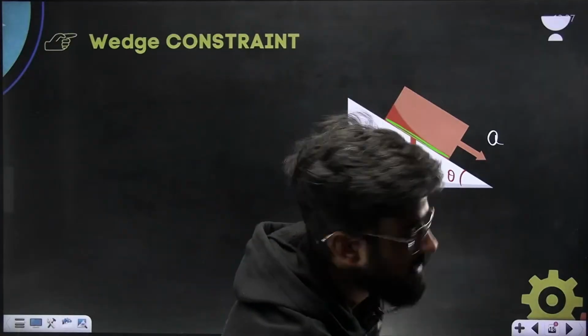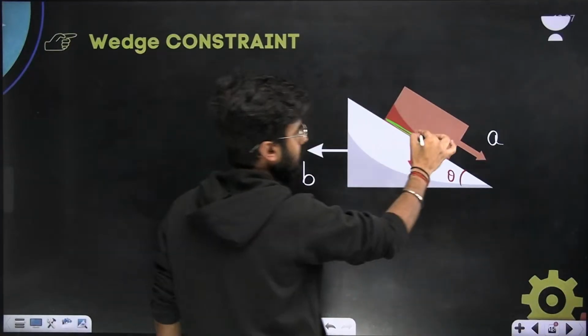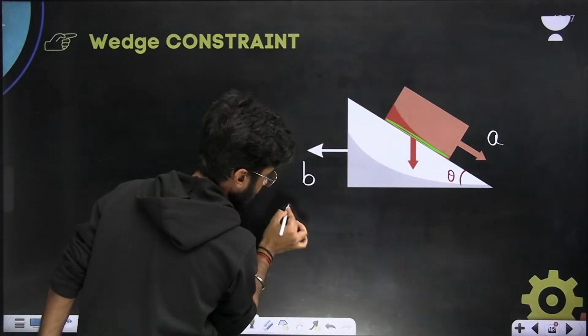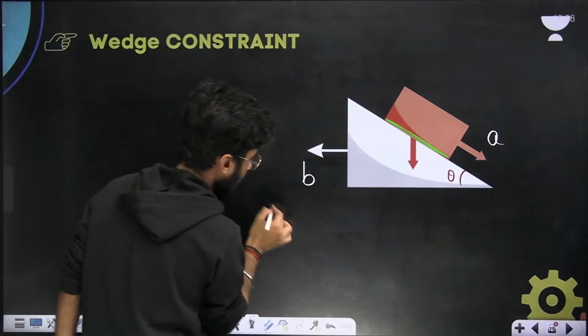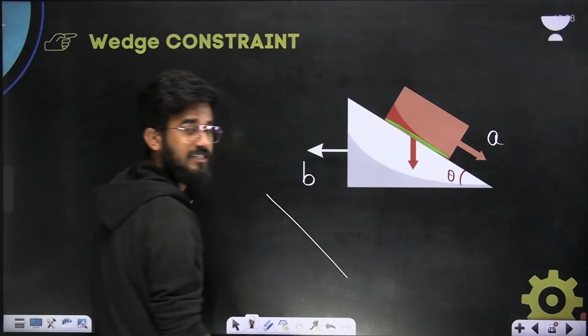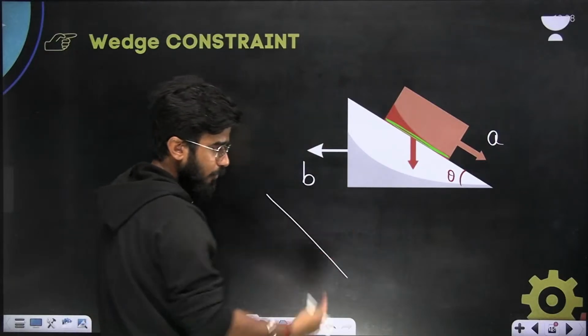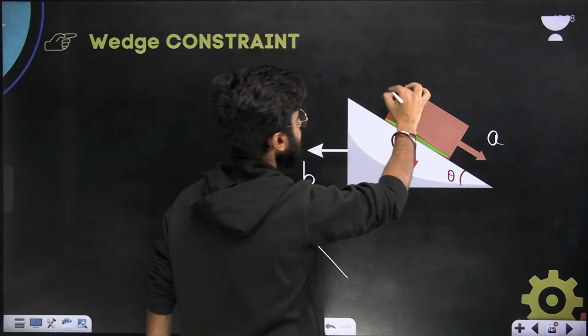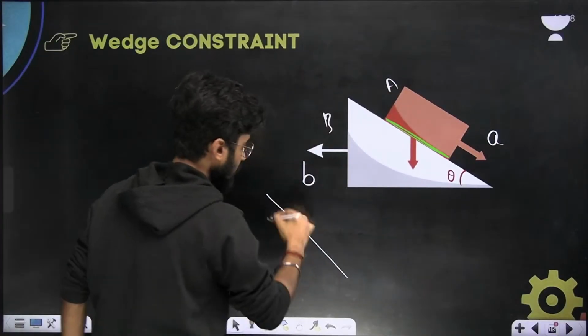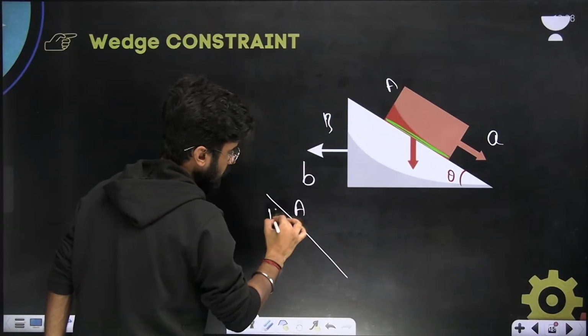Suppose I'm drawing this contact surface here. Okay, now the upper portion is this block, the lower portion is this wedge. This is A and this is B.